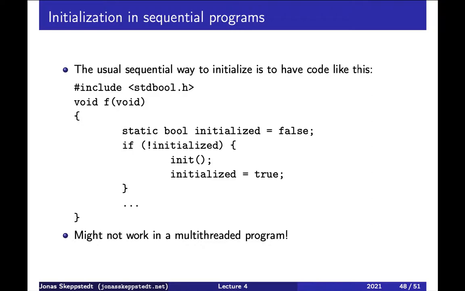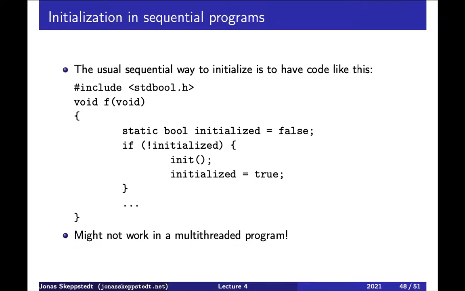Now this does not work for a multi-threaded program. It says here might not work. Well, that's strictly correct, but possibly misleading. If only one thread is interested in this code, then it will work. But if multiple threads may reuse this, it may not work.